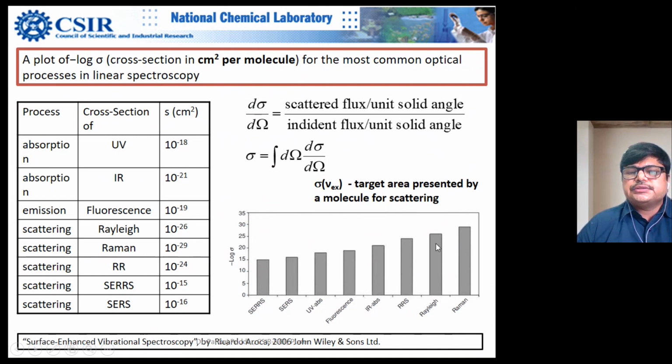So Rayleigh scattering is somewhere here. It is also poor. So we have to really do something about it. Either you do resonance Raman scattering, which I mentioned, but resonance Raman scattering will have a photoluminescence background. So it is better to use SERS. SERS has actually e to the power 4 times enhancement.